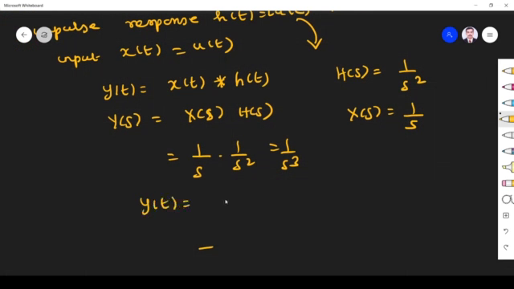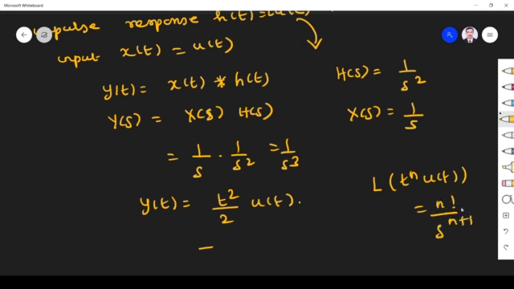Y of t is equal to t squared by 2 u of t, right? It is a simple Laplace property. What is that property? Laplace transform of t power n u of t is n factorial divided by s power n plus 1. Here we have 1 by s cube, so n is equal to 2, so this 2 must be here.